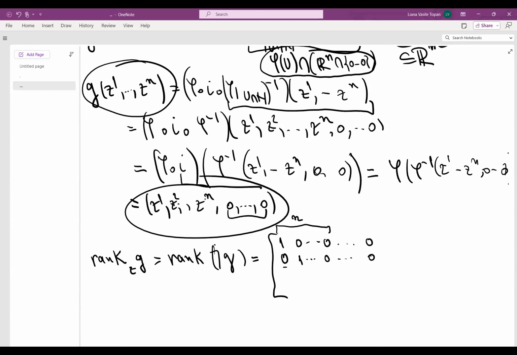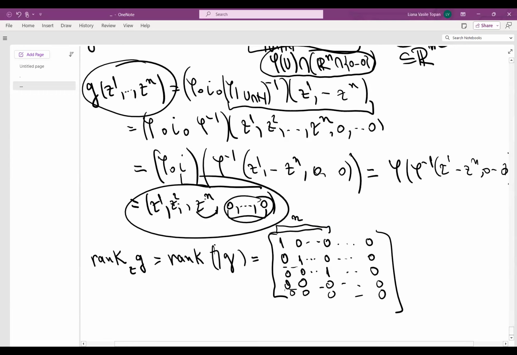And then you go until n, and then you have the rows, a lot of rows of 0, 0, 0, 0, given by the partial derivatives of the zero function. So this block here is the identity matrix of order n.